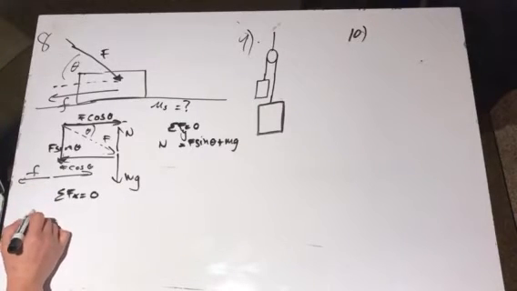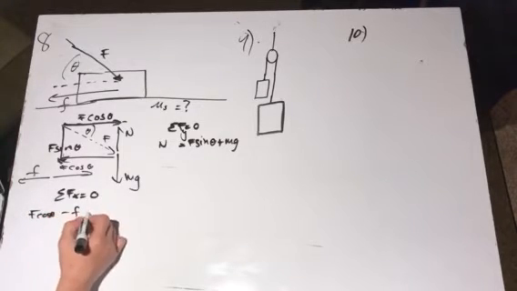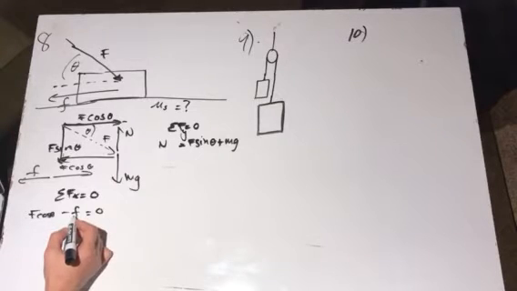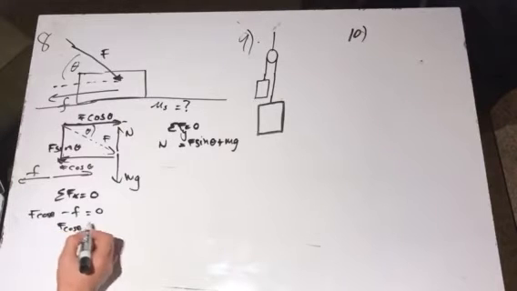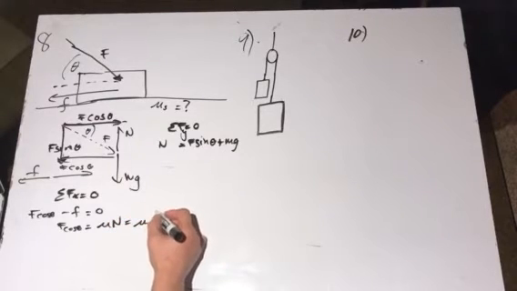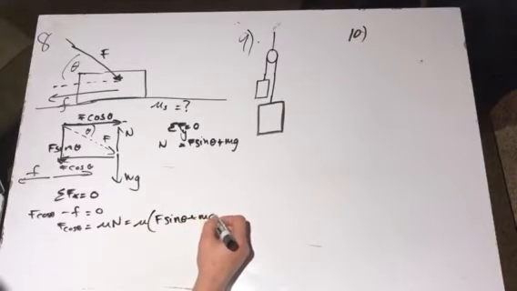So I'm just going to say F cosine theta minus f is equal to 0. And I'm going to replace the frictional force. When I rearrange the equation, your frictional force is equal to mu N, and mu N is actually mu times (F sine theta plus mg).